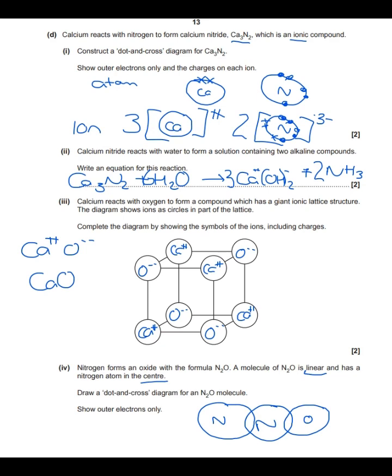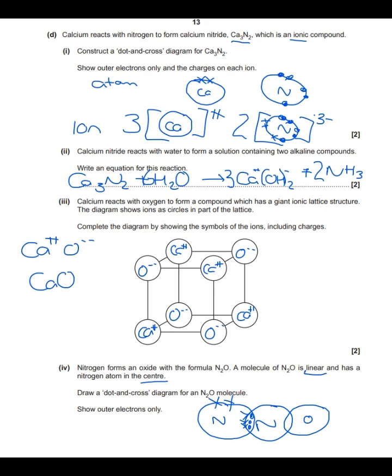This nitrogen in the middle is going to have to share 3 with the outer nitrogen. So therefore I think this is going to be a triple bond. So I think from this one we've got the 2 electrons, 3 of them are going to be involved in the bonding. This nitrogen in the center is going to share 3 back. So this nitrogen has got 8 electrons in its outer shell.